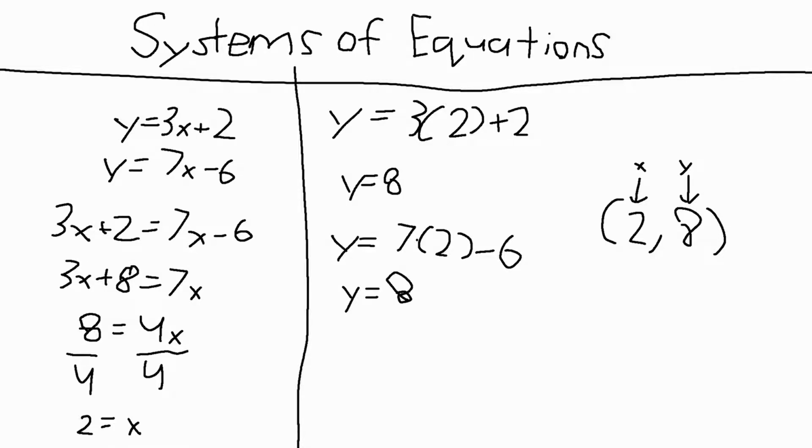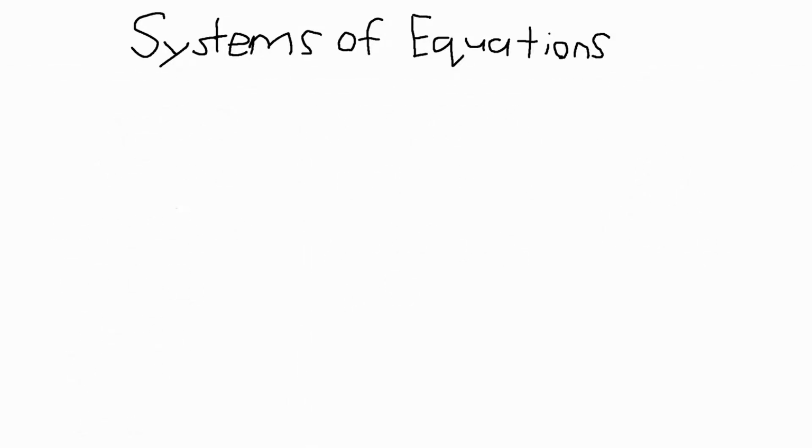Now that I have given you 2 examples of how to do it, you will be trying to do it on your own. For the first one, let's say we have x plus 2y is equal to 11, and negative 3x plus y is equal to negative 5.